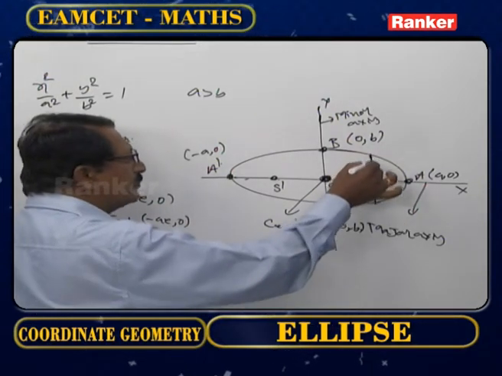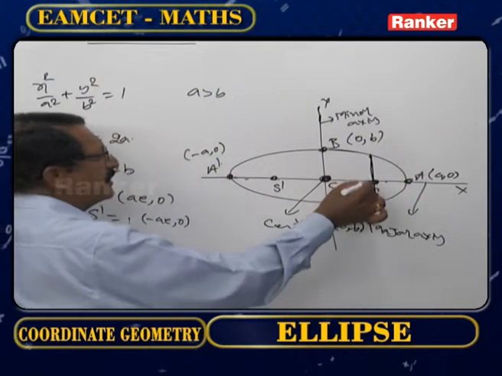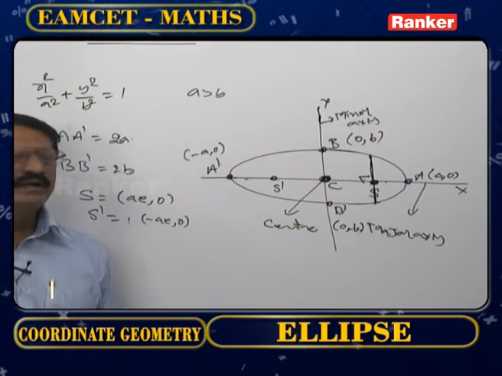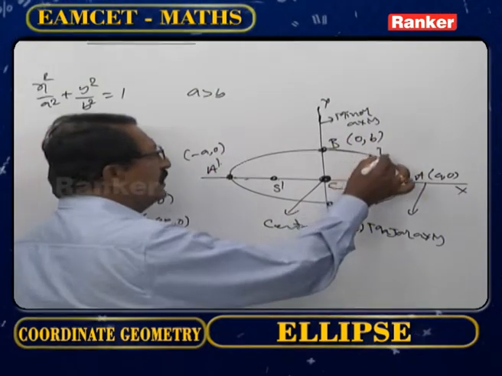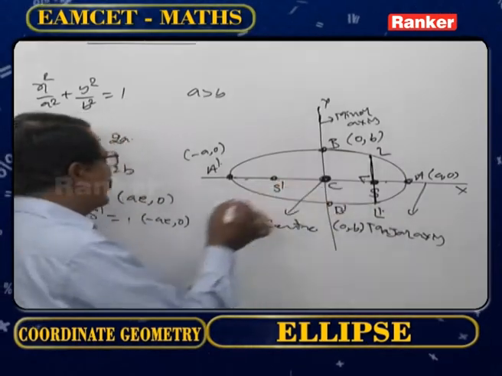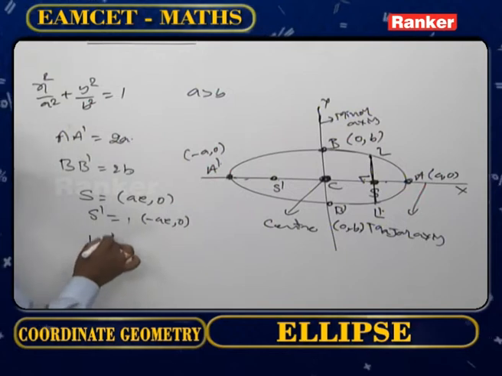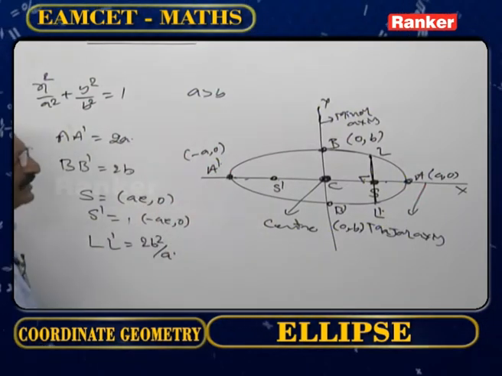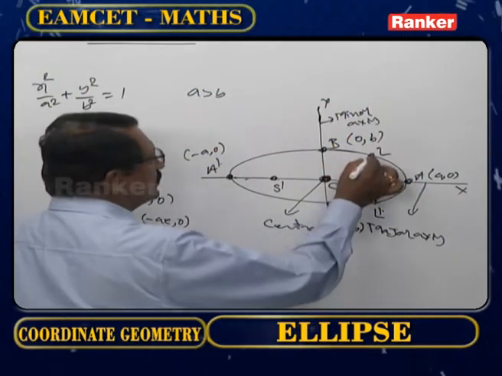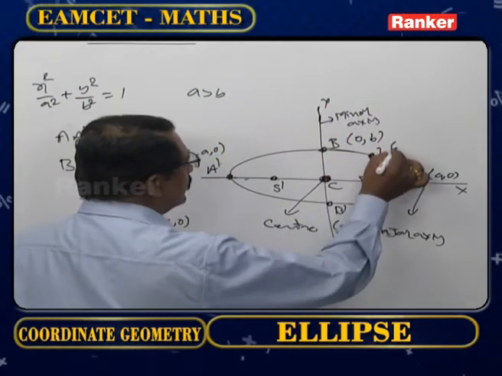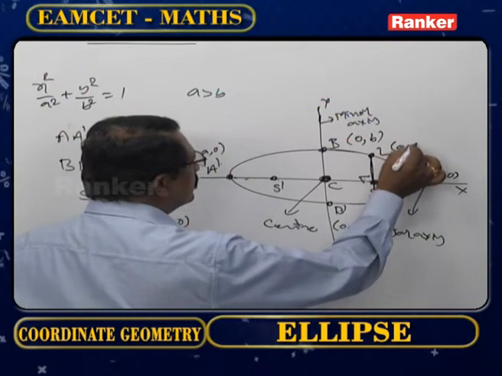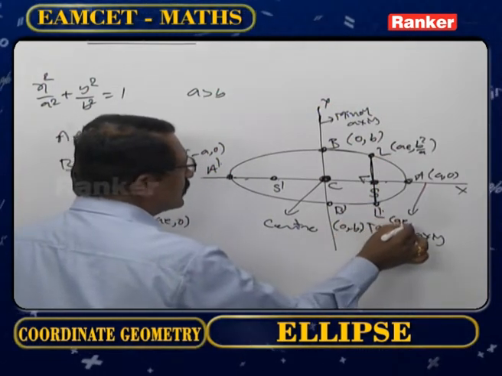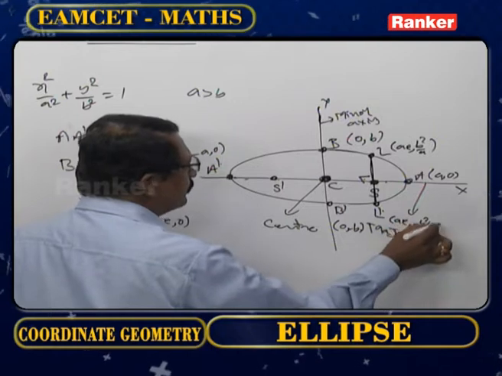A chord passing through a focus and perpendicular to the major axis is called the latus rectum. L L dash is the latus rectum. The length of the latus rectum L L dash equals 2b square by a. The ends of the latus rectum L and L dash have coordinates (ae, b square by a) and, in the fourth quadrant, (ae, minus b square by a).